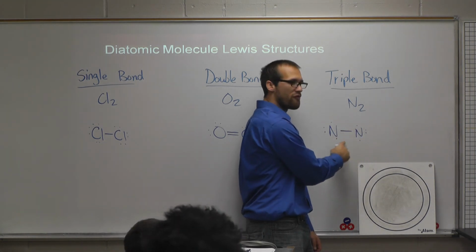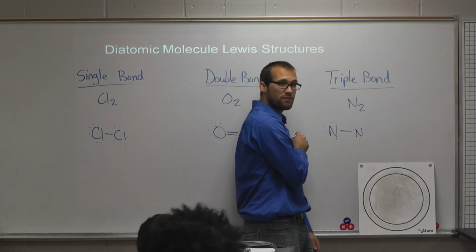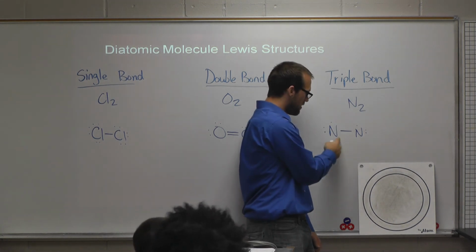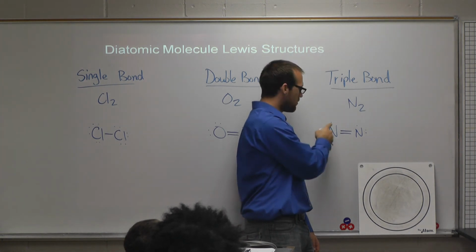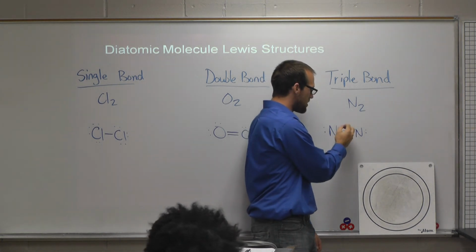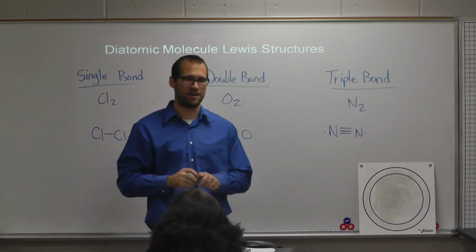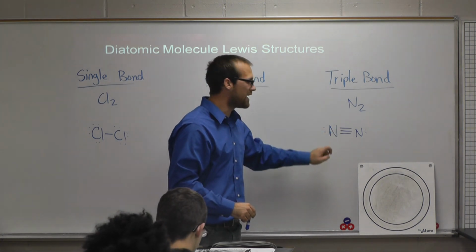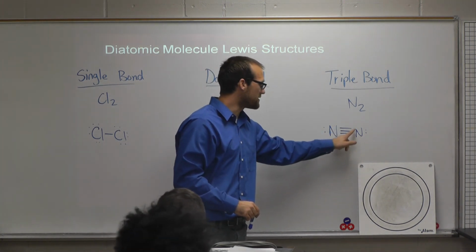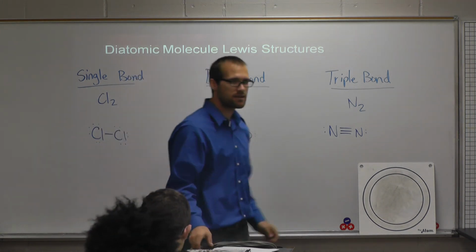I'm going to remove 1 from each when I form the second, remove 1 from each when I form the third. Make sense? 1 here, 1 here, there's my double. 1 here, 1 here, there's my triple. Now, 3 bonds, how many electrons? 6. So 2, 4, 6, 8. 2, 4, 6, 8. Are all of them octet stable? Yes. Yes.